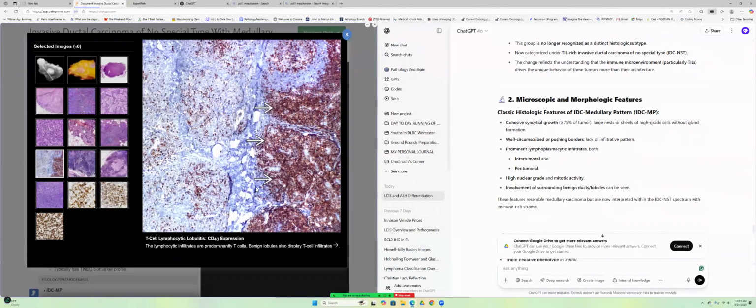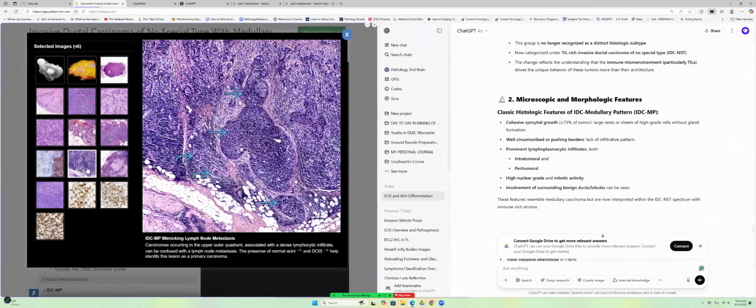This is CD43. What marker is CD43? CD43, a marker for T cells. Okay.